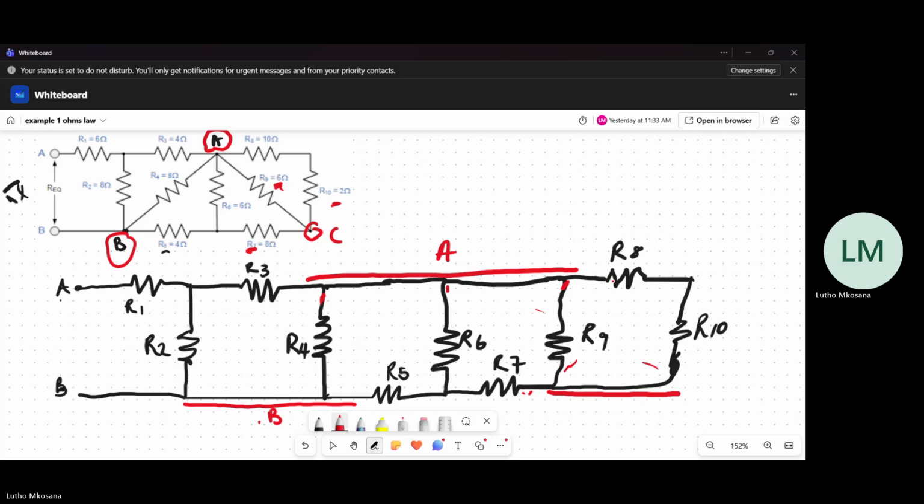So R8 is in series with R7. If we add the two, we will then be left with a circuit as simple as this. Because we've added two, we will have a series circuit of R8 plus R10. And then R10 and R9 is now in parallel. And then we would then calculate.